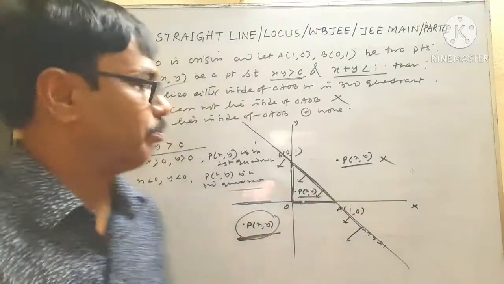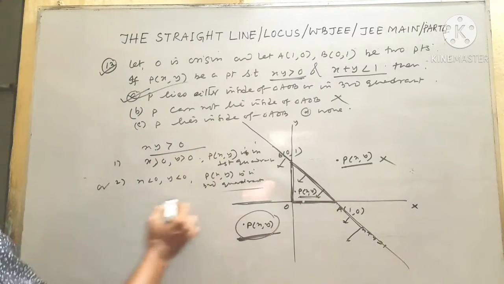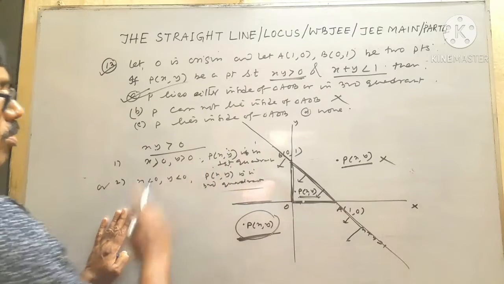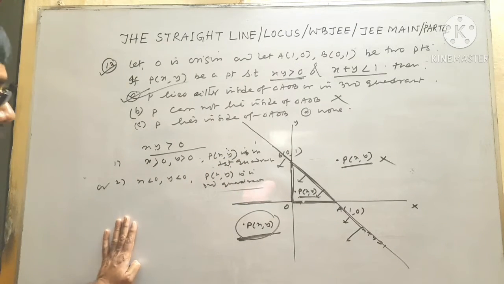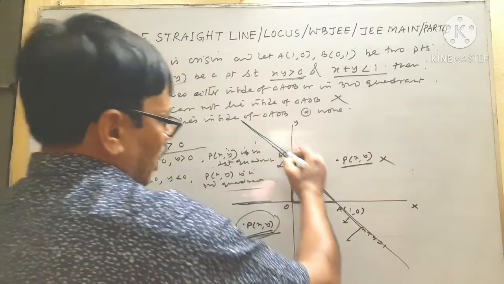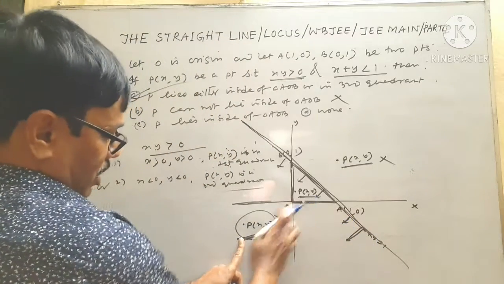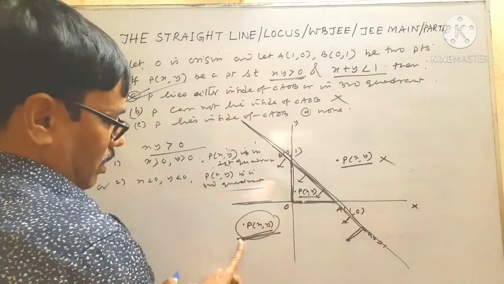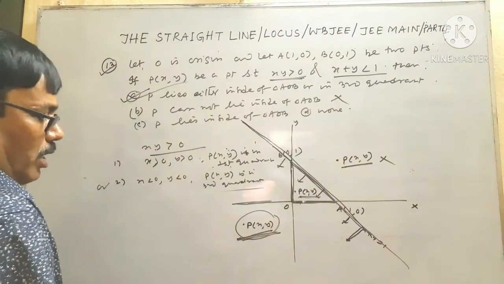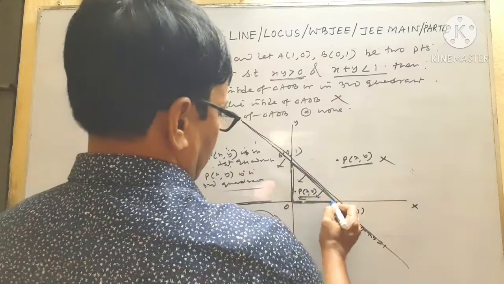Look at it again. xy greater than 0, so P lies in the first or third quadrant. P in the third quadrant with x plus y less than 1 is possible, or P lies inside the triangle.